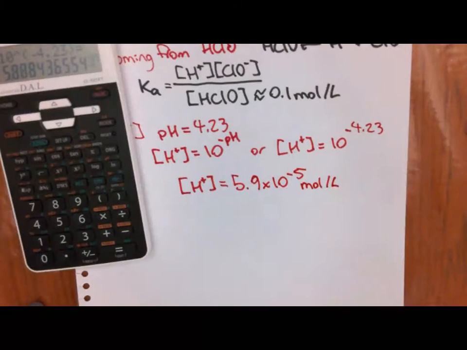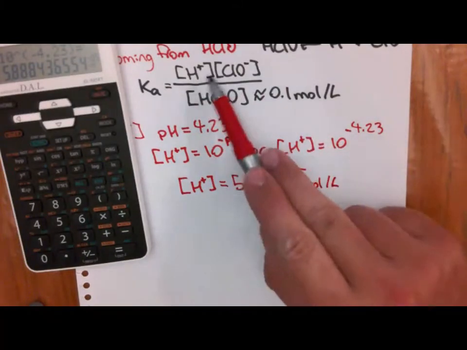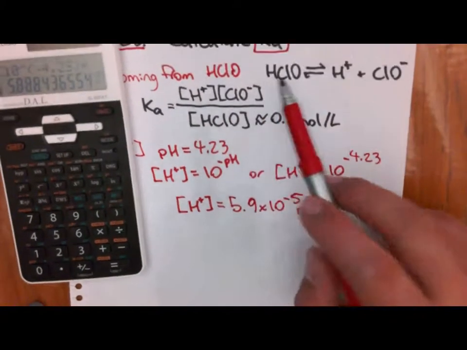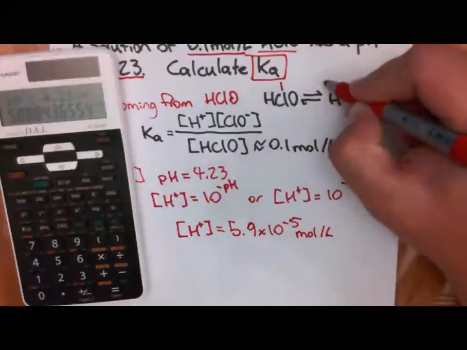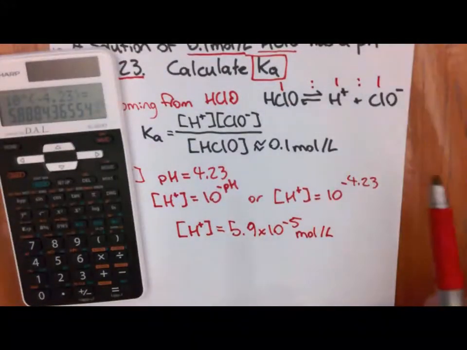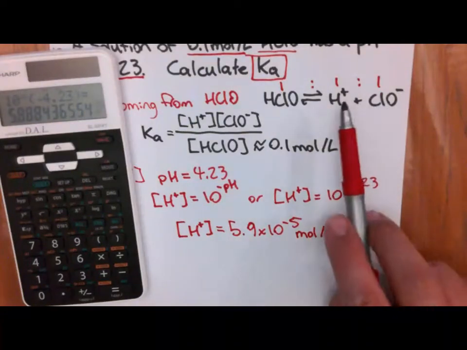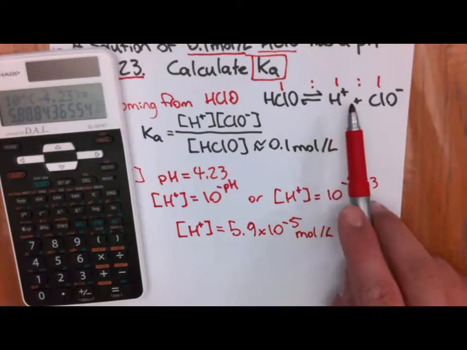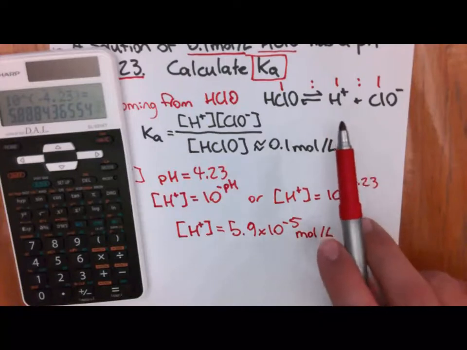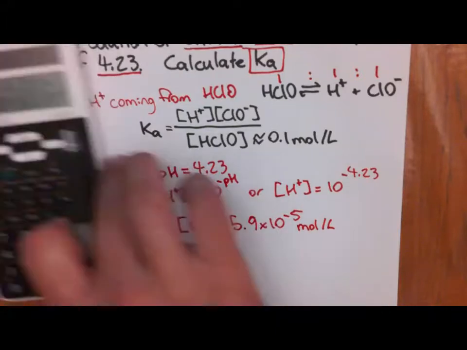And using this, as we determined earlier, our H plus and our ClO minus, because this is a 1:1:1 ratio, we're going to have the exact same amount of ClO minus in our equilibrium as we have H plus. So using this, we are now able to put everything into our Ka equation in order to solve for Ka.